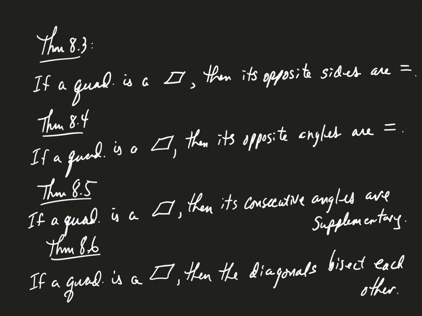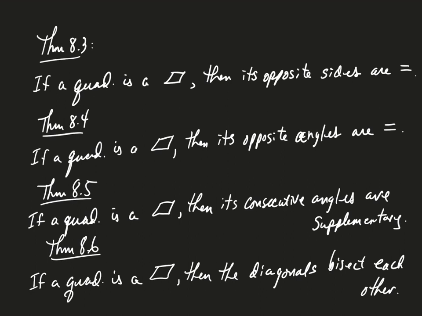The first one, number 8.3, goes like this. If a quadrilateral is a parallelogram, then its opposite sides are equal. If we have a parallelogram, then its opposite sides are equal. Theorem number 8.4, if a quadrilateral is a parallelogram, then its opposite angles are equal.